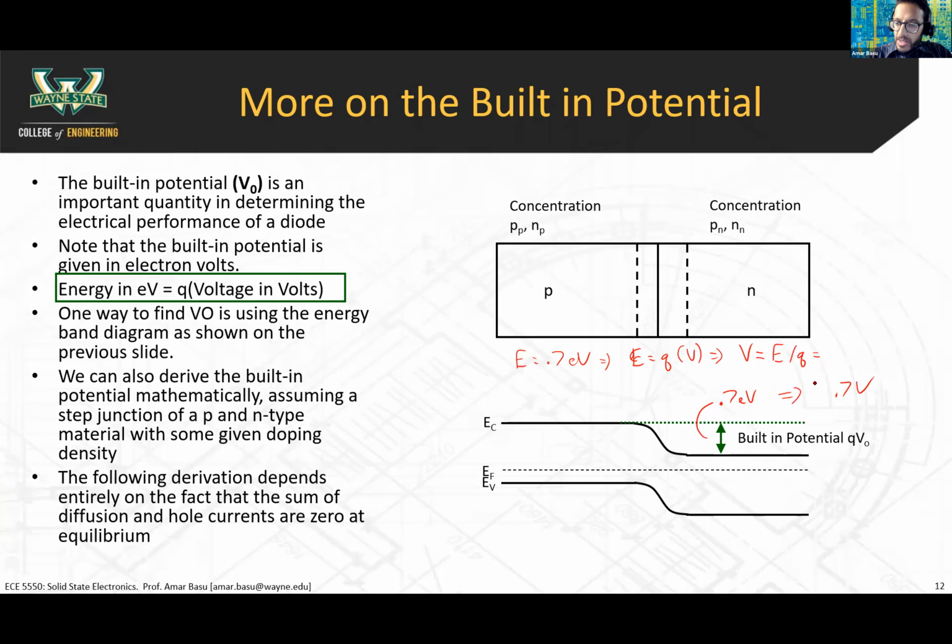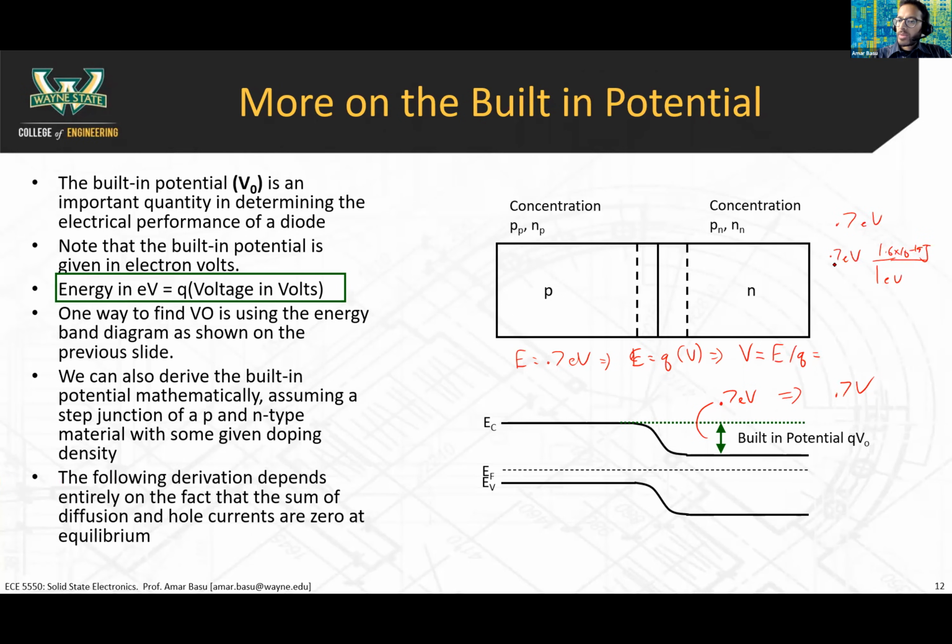Okay, so the energy here is 0.7 electron volts. If we want to convert that to joules, 1 electron volt is 1.6 times 10 to the negative 19 joules.